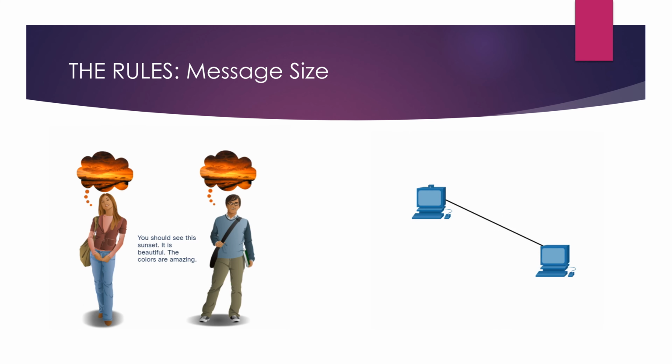The same happens even at the network. When a long message is sent from one host to another over a network, it is necessary to break the message into smaller pieces. The rules that govern the size of the pieces or frames communicated across the network are very strict.